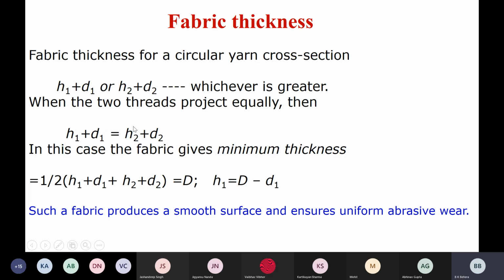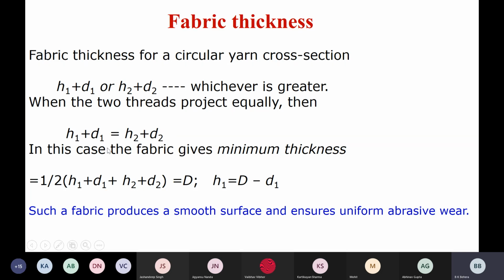But if they are varying, one of these two terms is larger, and definitely it is not minimum thickness, it is maximum thickness. So we consider the larger dimension of H1 plus D1 or H2 plus D2, using this first formula.